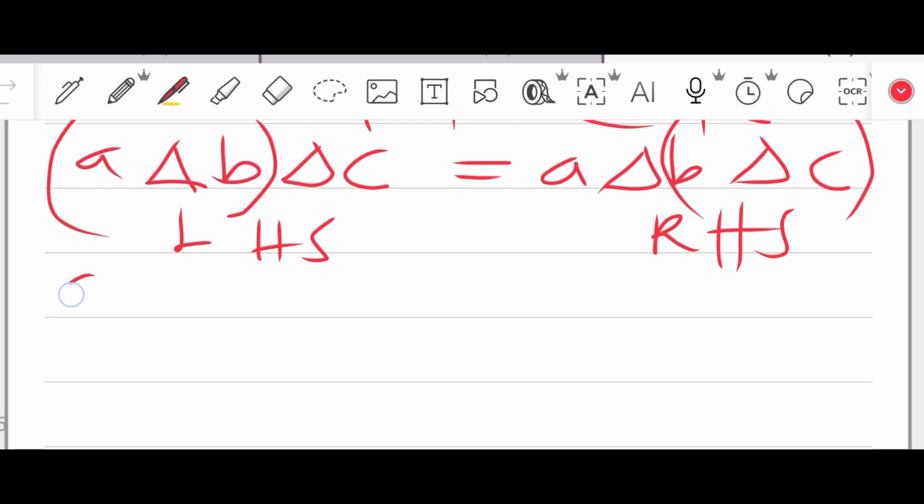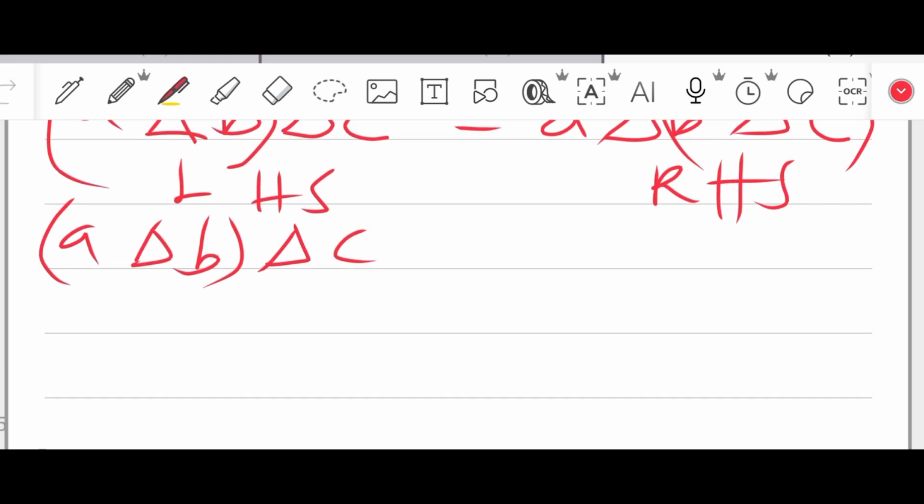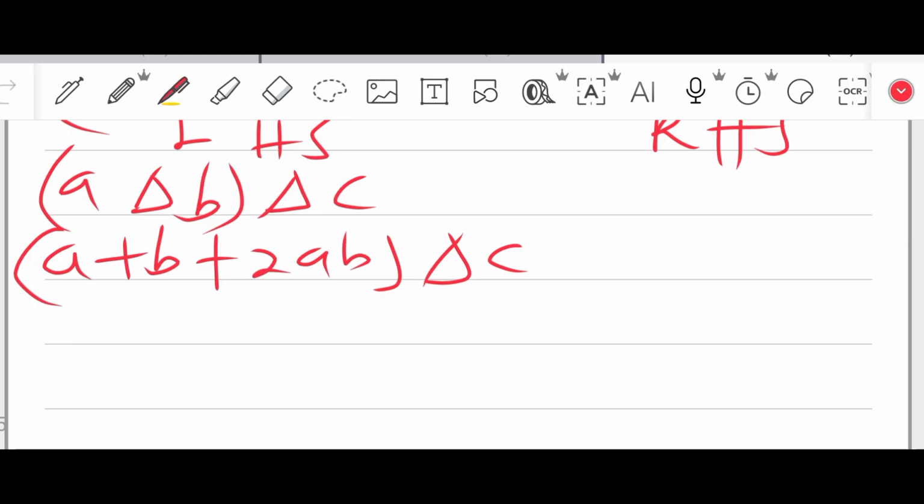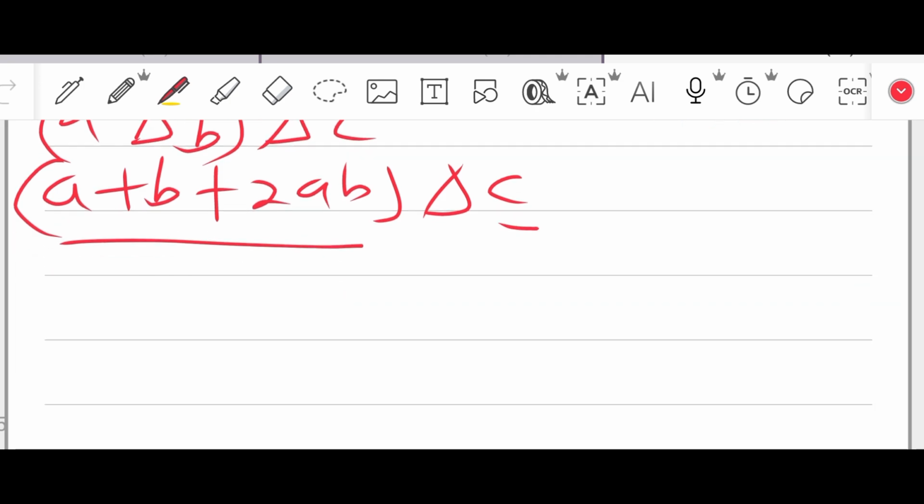So for the left hand side, A operation B operation C, doing the first two first. A operation B has already been given in the question, which is A plus B plus 2AB. Let's put this in brackets, and that's operation C. Right, so this is our left hand side. We are still evaluating. Remember, this whole thing becomes our first term, and this is our second term.